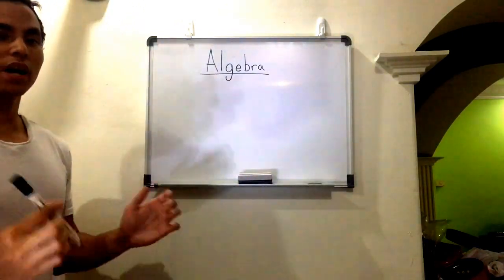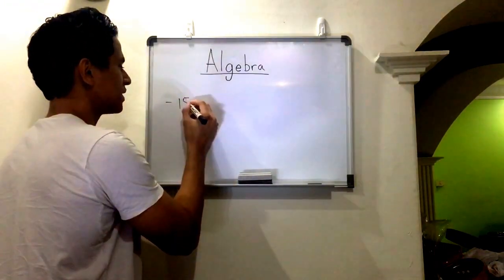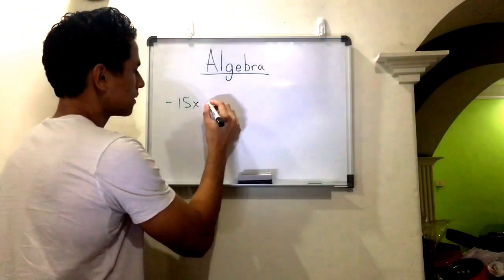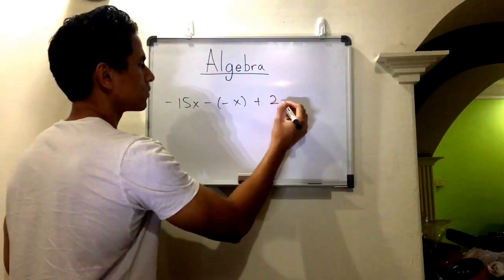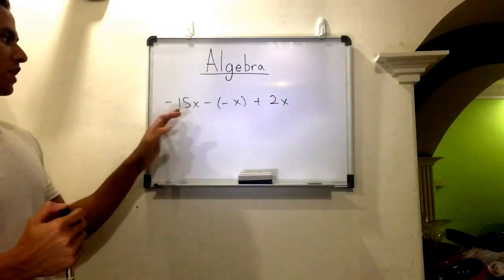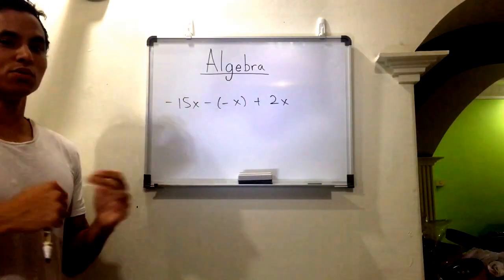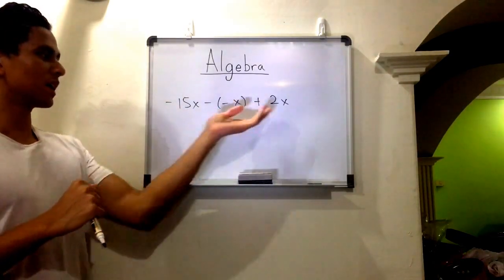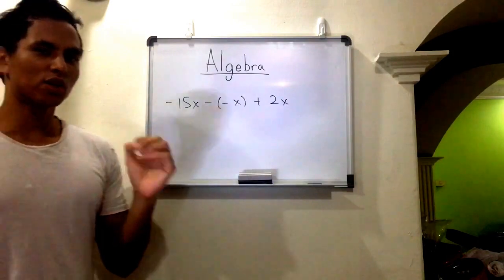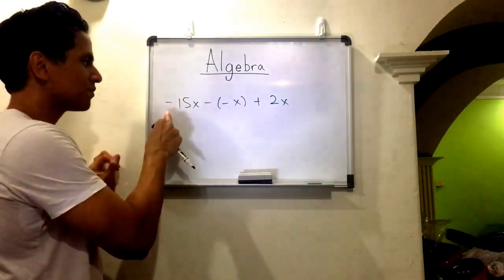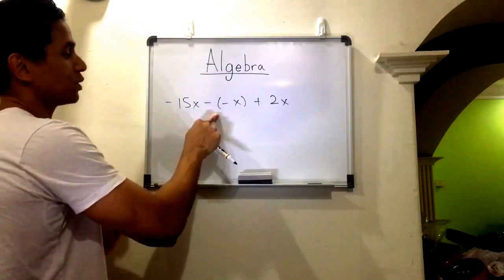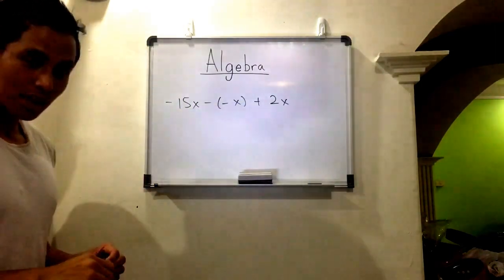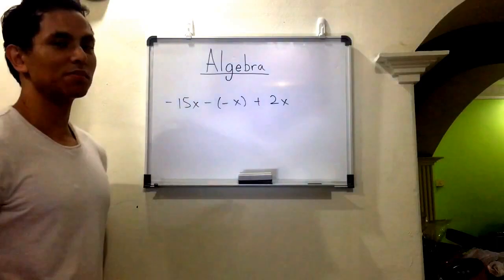In the fourth example, we have minus 15x minus x plus 2x. So here, it's very similar to example number 2, but there's one additional term. So again, recall BODMAS. Do we do this term first, or this term first? Yes, we do the brackets first. So inside the brackets again, minus x, can we simplify it further?